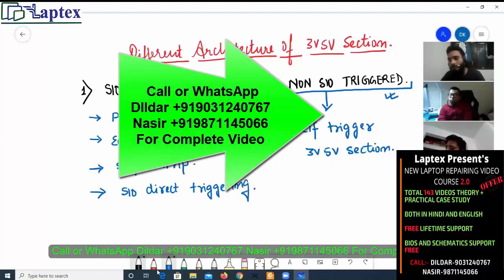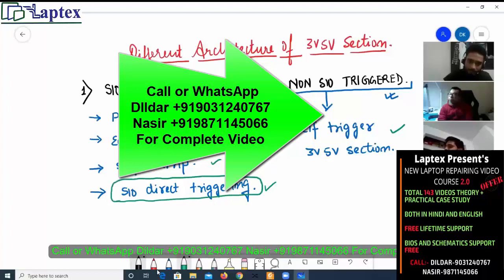This is 1, 2, 3, 4 and 5, a total of 5 architectures that we'll see one by one. First, the simplest of all, we'll see SIO direct triggering. This is the simplest of all. How an SIO directly triggers the 3 volt, 5 volt section.